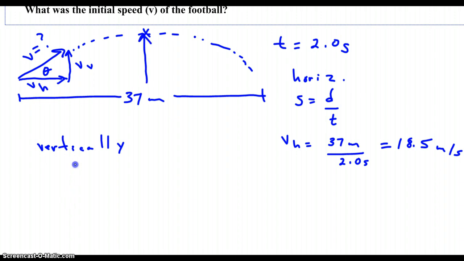So if the total time is 2 seconds, time to rise up to a rest would be half of that total time. Half of 2 seconds is 1 second.